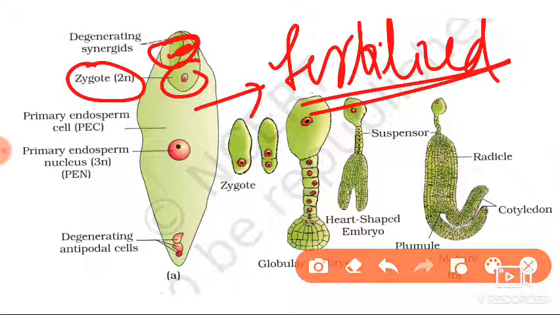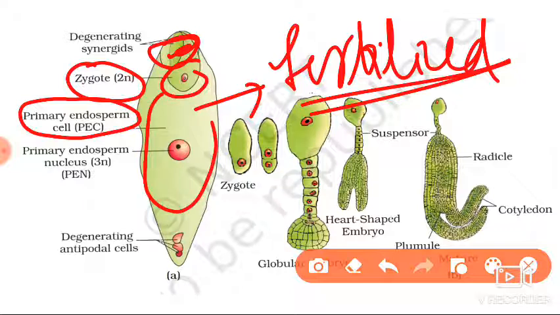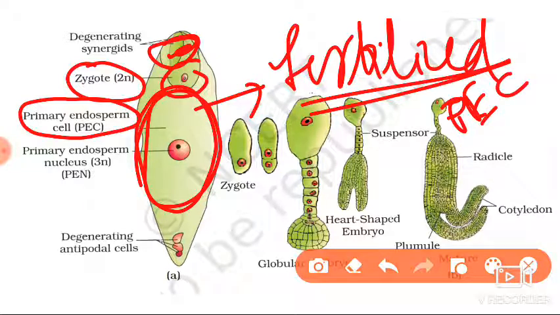In the middle, this complete cell we call the primary endosperm cell, that is PEC. Next to that, you can see the primary endosperm nucleus, which is triploid, 3n.